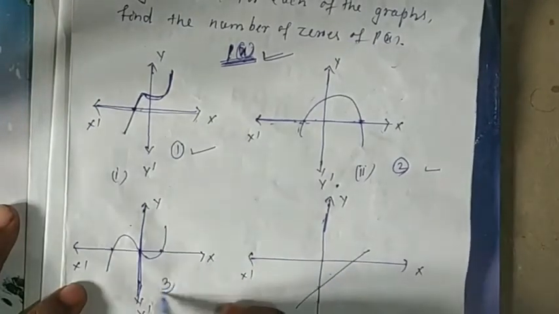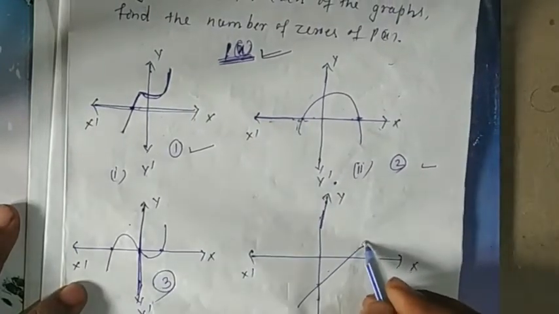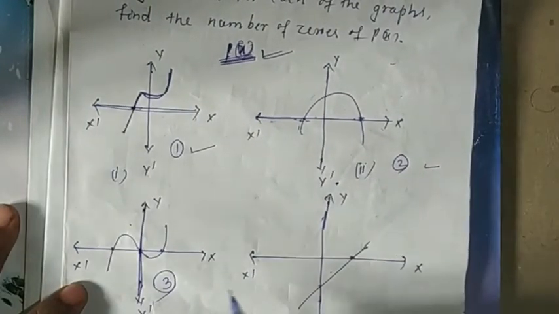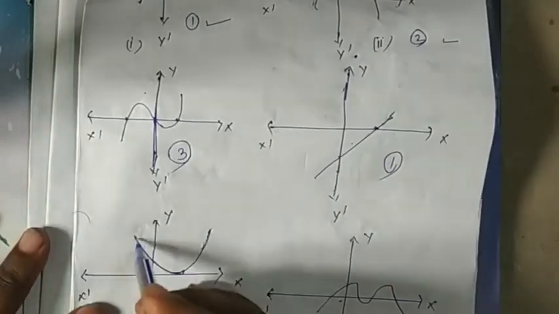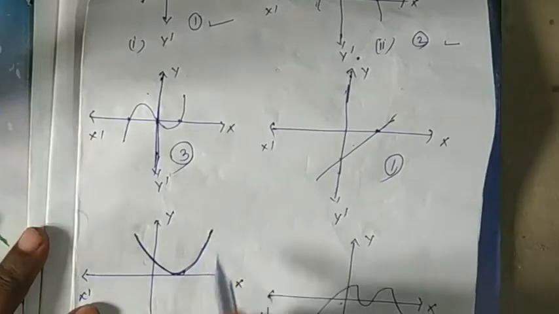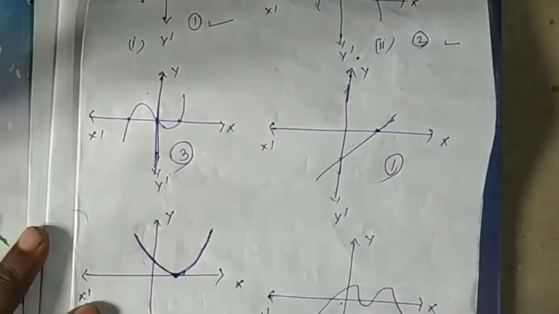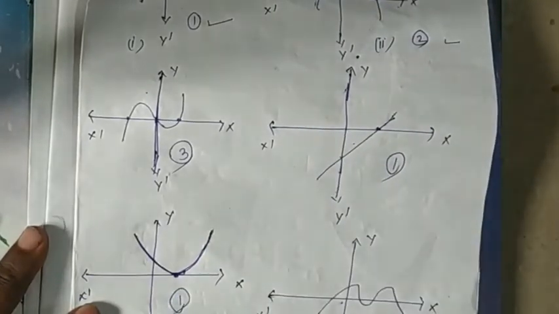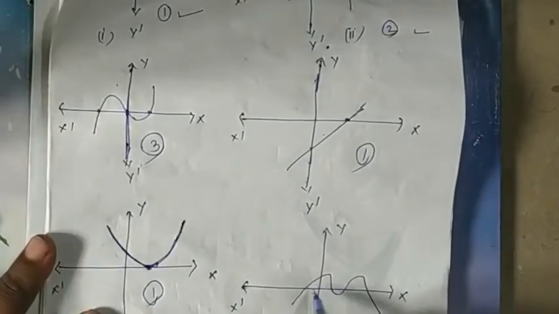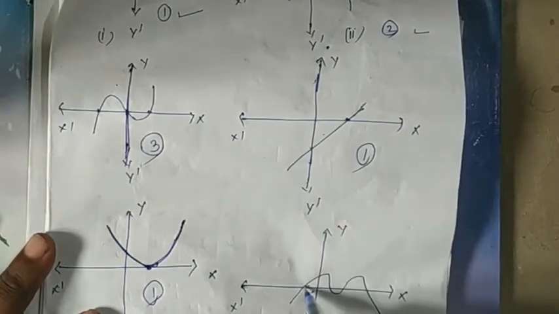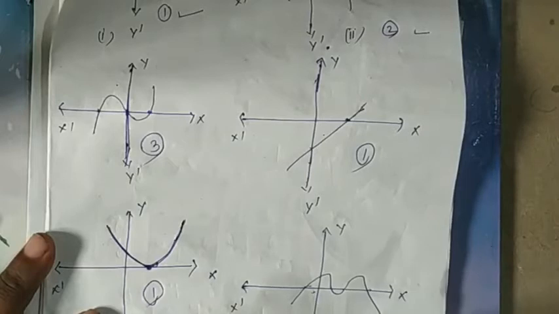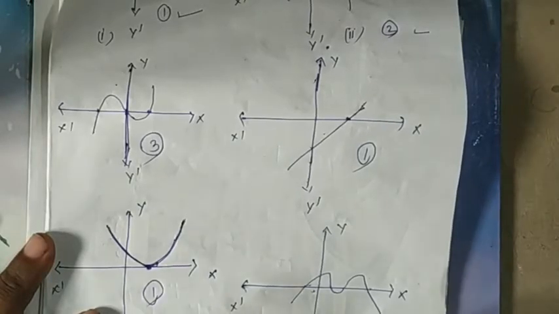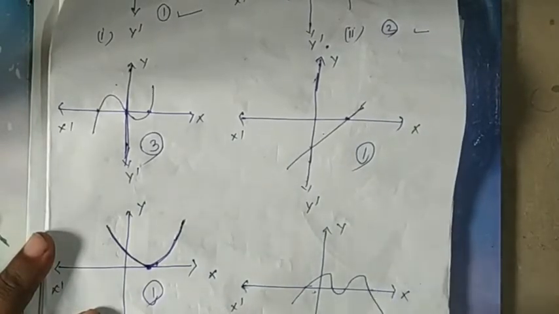So the number of zeros here is 3. Here the graph intersects in one point, so the number of zeros is 1. Here also the graph intersects the x-axis at exactly one point, so the number of zeros is 1. Here the graph intersects the x-axis at 1, 2, 3, 4, four different points. So the number of zeros for this graph is 4.